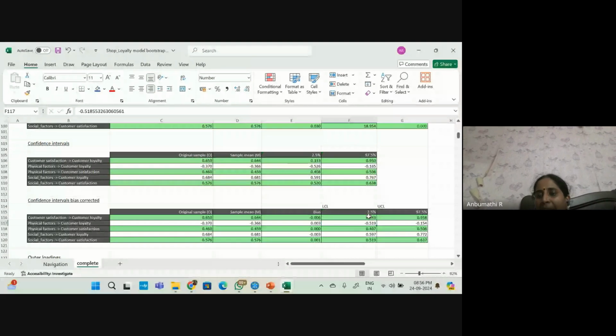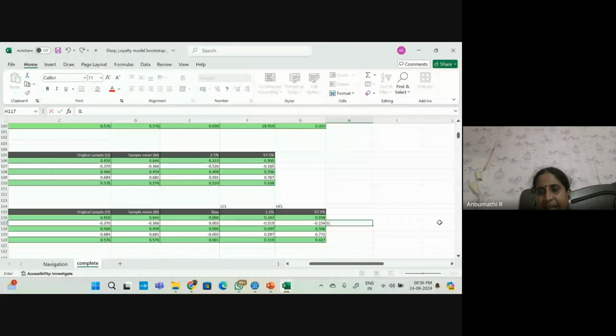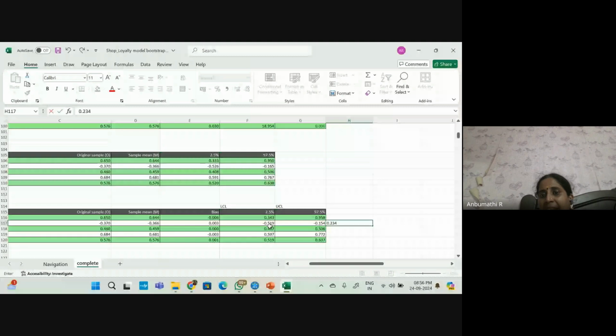But for example, this is 0.519. I'm telling an example. If the lower confidence limit is 0.519 and the upper confidence level is 0.345 or 234, something like that. In this case, the LCL is negatively signed while the upper confidence level is positive.